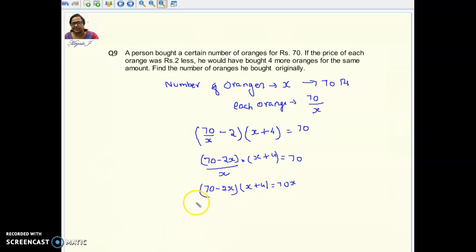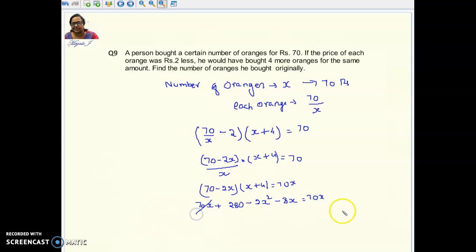Now multiply this. 70 into x is 70x, plus 70 into 4 is 280, minus 2x square, multiplying these two, and if you multiply this, minus 8x, equals 70x.